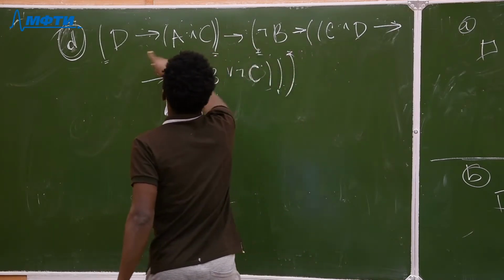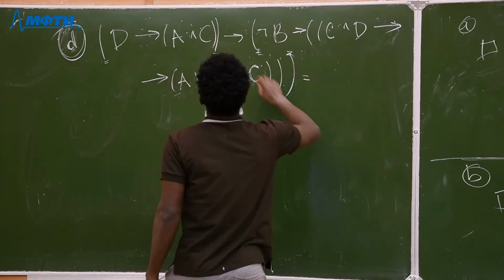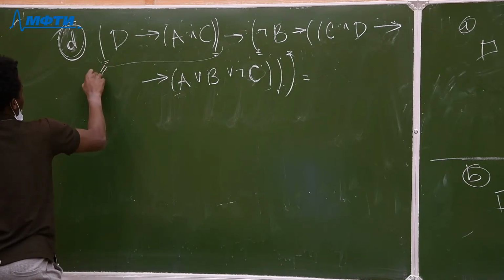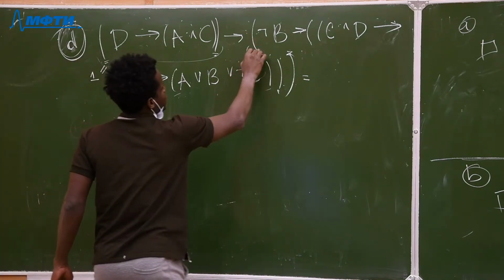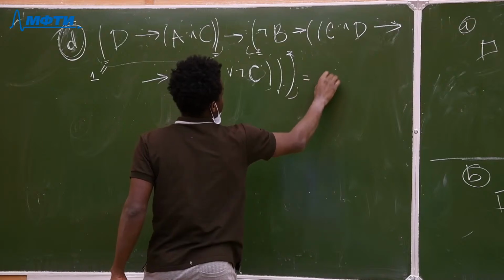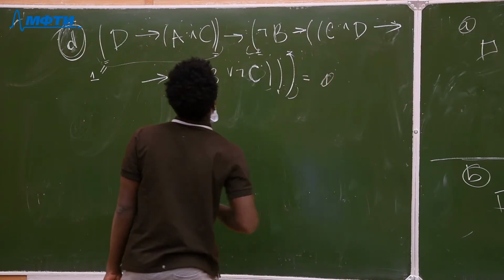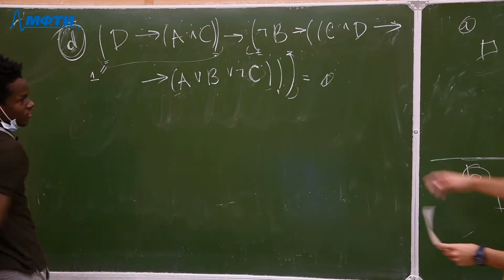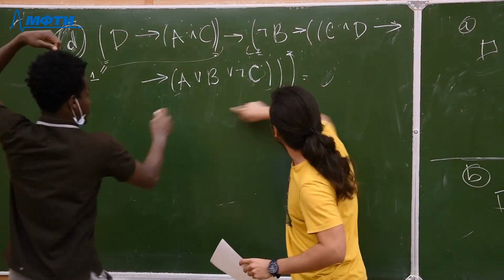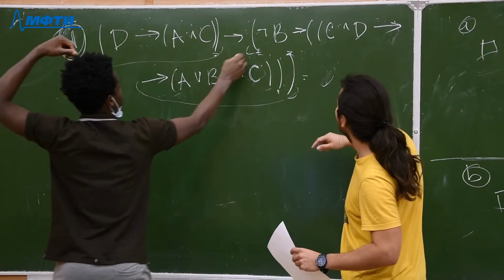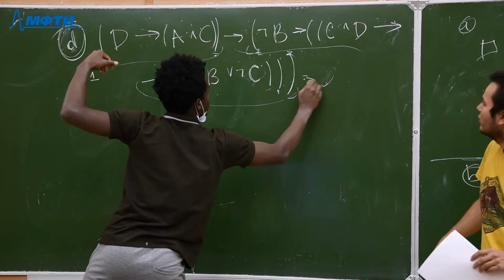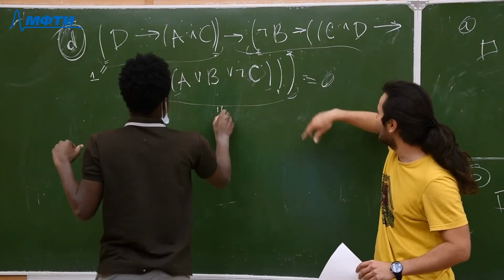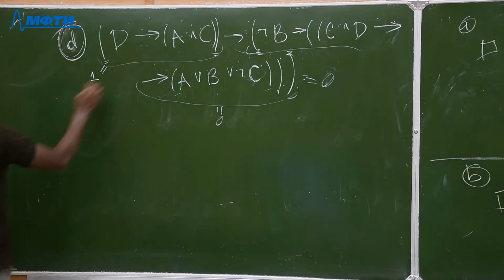So for this expression to be false, this part should be 1, and this part should be 0. Okay. So this part you mean right down. Yes. Well, right here, 0 because. Okay. So the first one is 0.